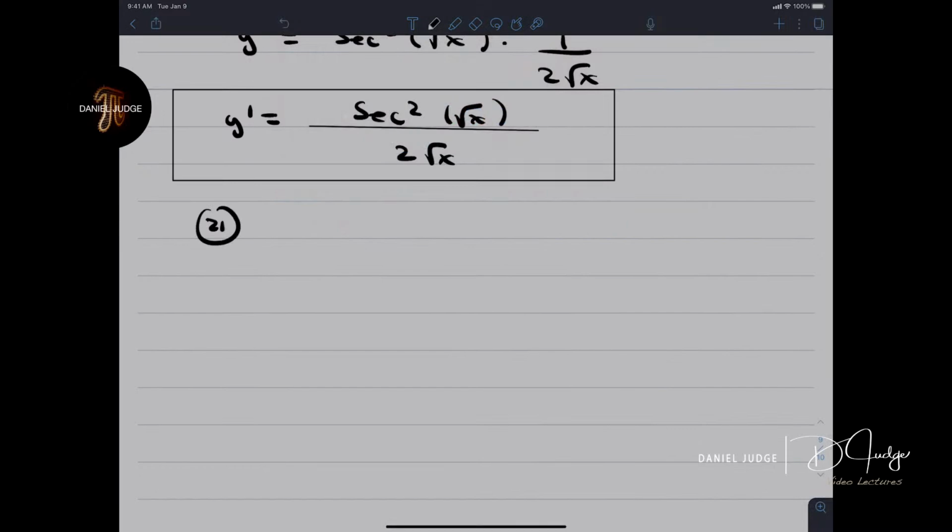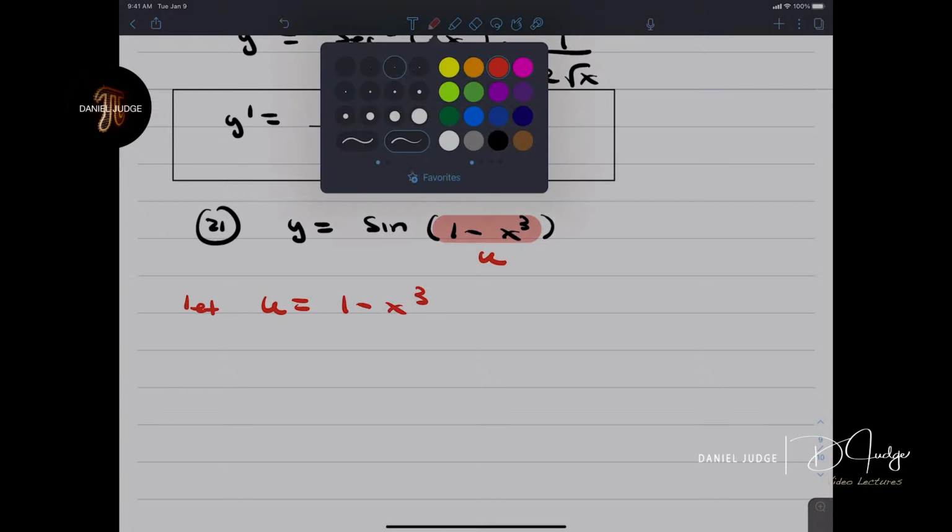21. Y equals sine 1 minus x cubed. Where here's the u portion here. This portion is u. So we let u be 1 minus x cubed.